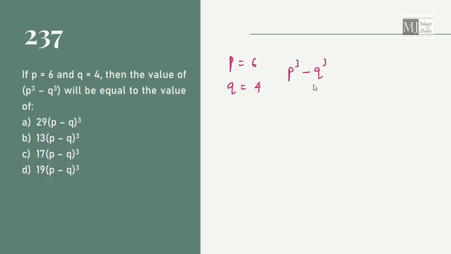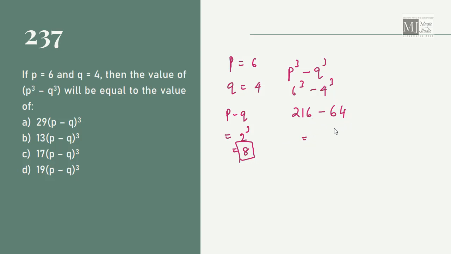If P equals to 6 and Q is 4, then what is the value of P cube minus Q cube? And if I see, they have given options with help of P minus Q cube. So first of all, what is P minus Q? P minus Q is 2. 2 cube is 8. So one of the parts of answer is 8. How much is 6 cube minus 4 cube? 6 cube is 216 and 4 cube is 4 into 4, 16 into 4, 64.